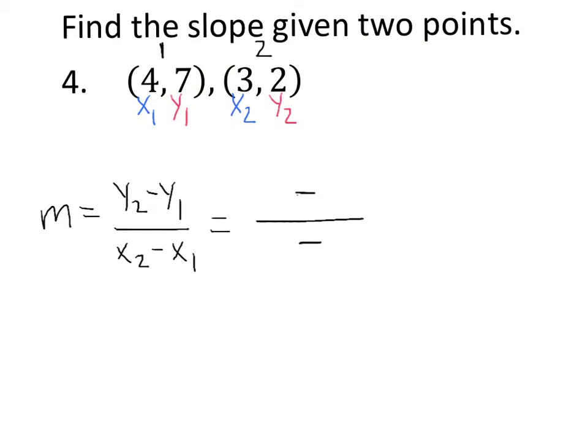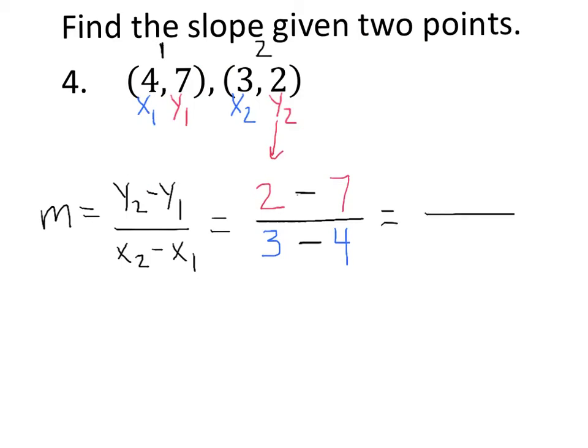So my y2 right here is a 2, and my y1 is a 7, and then I'm going to take my x value, which is x2, which is a 3, and my x1 is a 4. And now we can go ahead and solve that or simplify it.